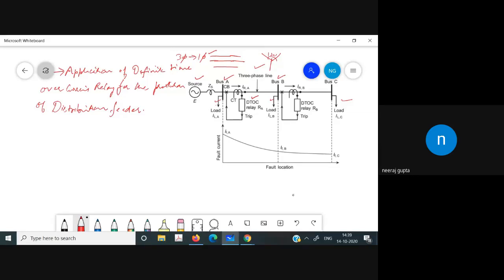So we can have the protection problem statement.